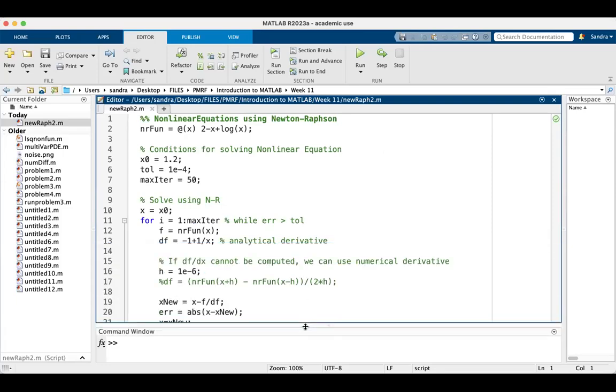This is the function that we are trying to solve for, that is 2 minus x plus log x. Remember, log in Matlab gives the natural logarithm. If we need the logarithm to the base 10, then the function is log10.